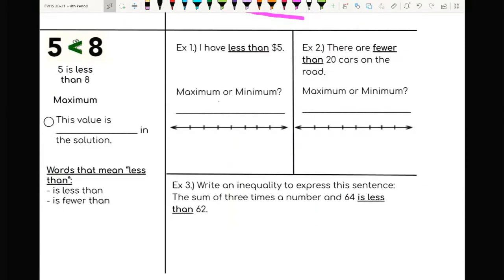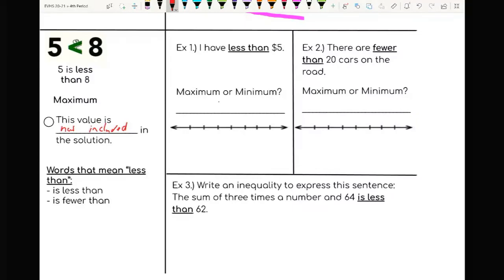Okay, so for the less than symbol, that is also a maximum. Then we also know that this one is not included. And our words that we get there is less than or fewer than. So I have less than $5.